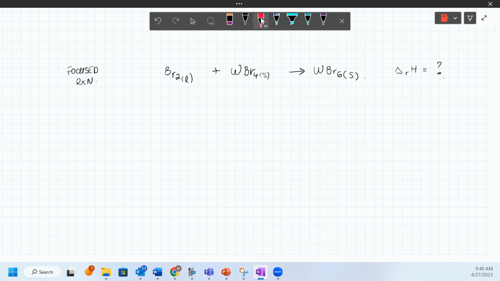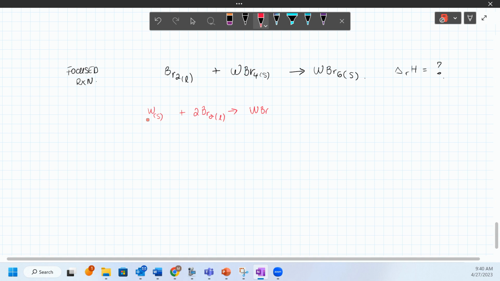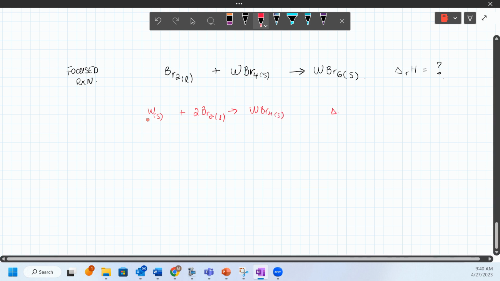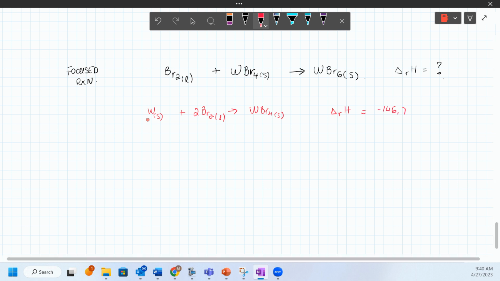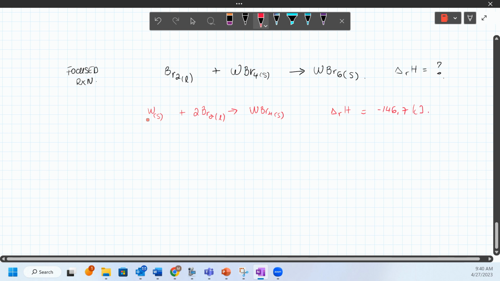And what do we know as the intermediate reaction is that as a liquid, and with the enthalpy of this reaction of negative 146.7 kilojoules.